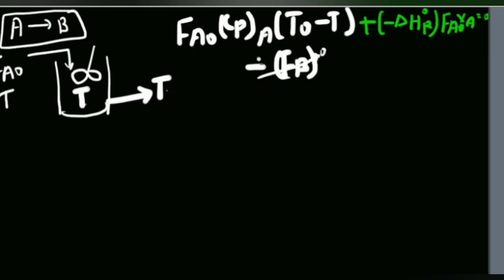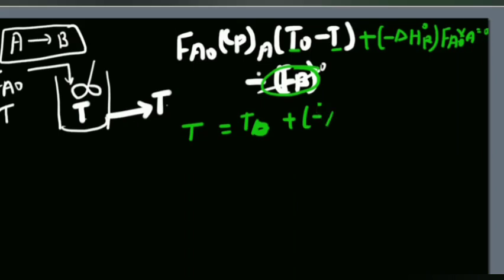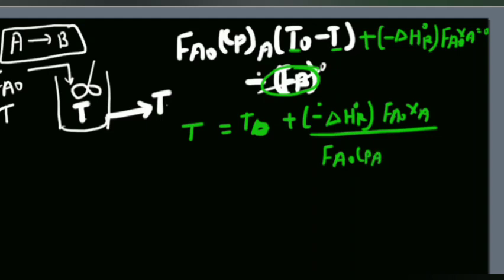Now, my dear students, sometimes they used to calculate the volume of the reactor from this condition. So how will you calculate? First, if temperature T naught is given and T is not given, you calculate T equals T naught plus minus delta H naught of R into Fa naught XA upon Fa naught Cp of A. You will get these things from this particular derivation.